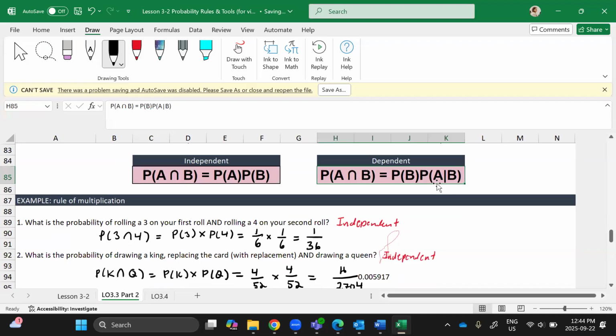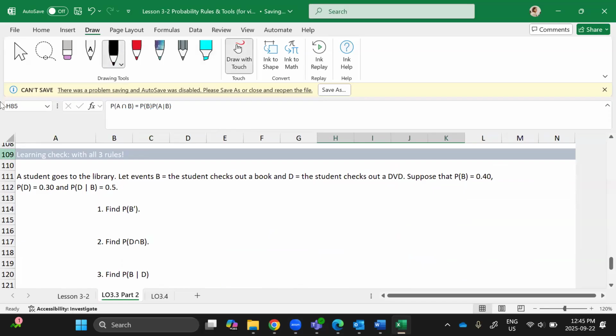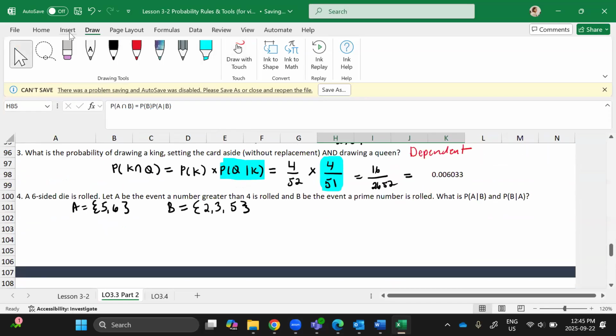Then, this rule says that the probability of A given B, if you rearrange the formula, will be A and B divided by probability of B. The one that comes second after the given will move to the denominator of the fraction here. So you just rearrange the formula, divide on the other side, and that's how you can solve for the given probabilities as well, just by rearranging that formula for the multiplication rule.